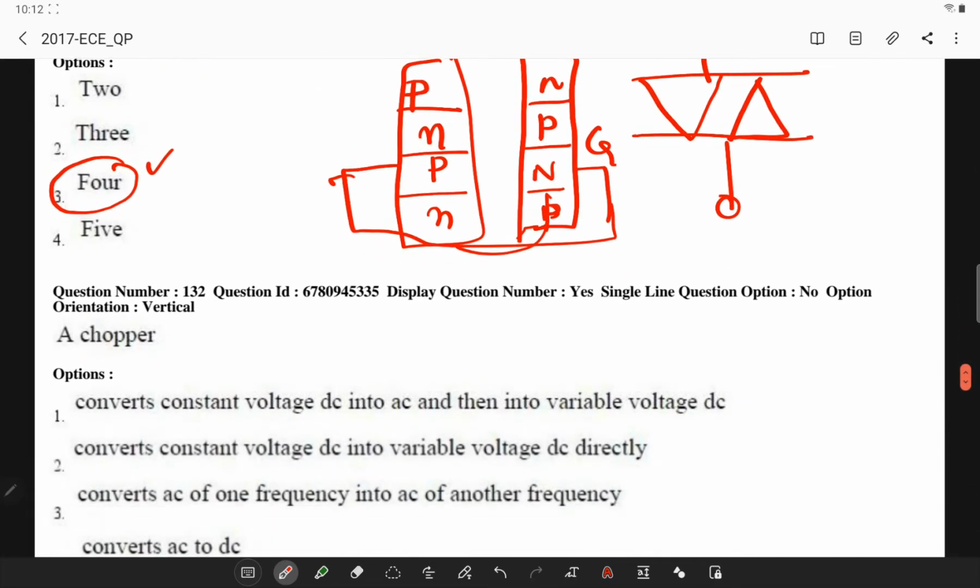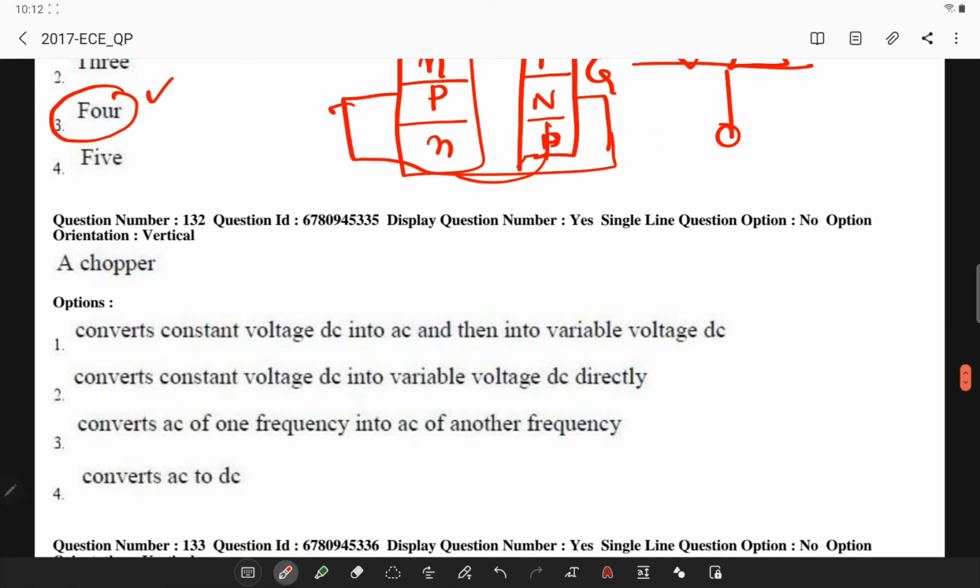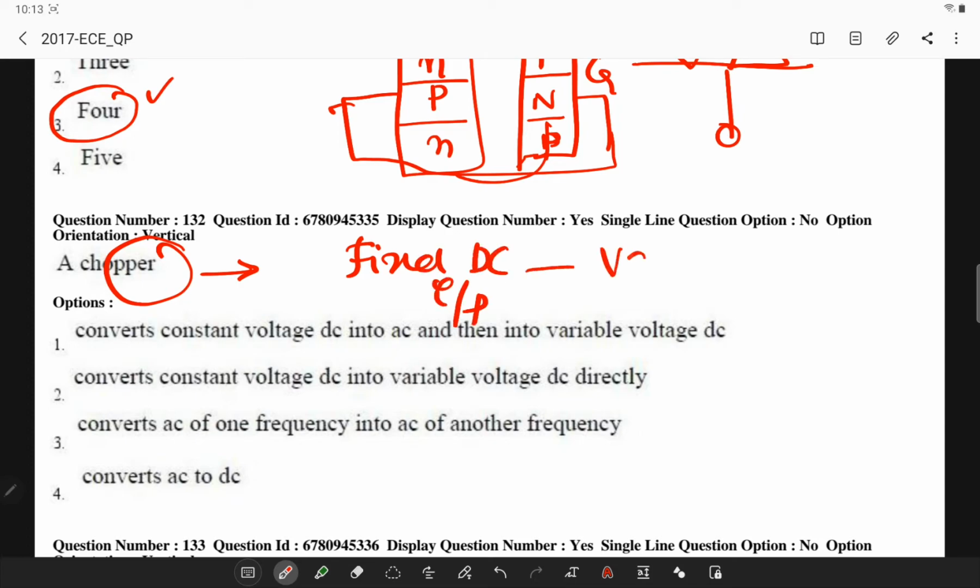Okay, next, what is a chopper? This is a standard question asked many times. A chopper is a device which converts a fixed DC input value to a variable DC output voltage directly.